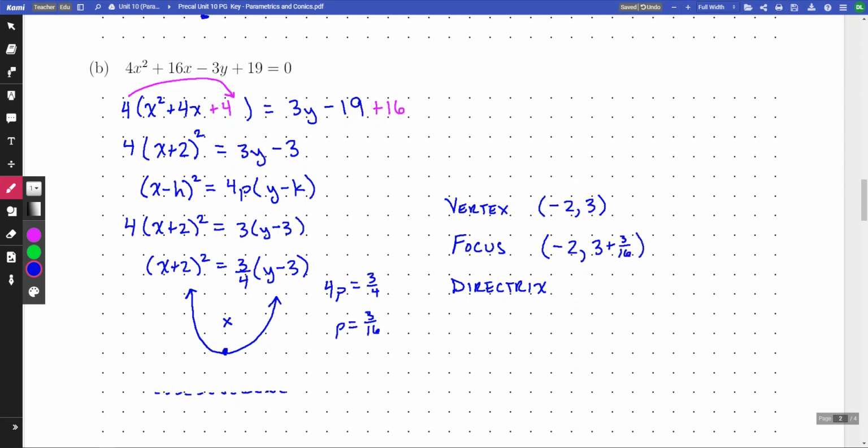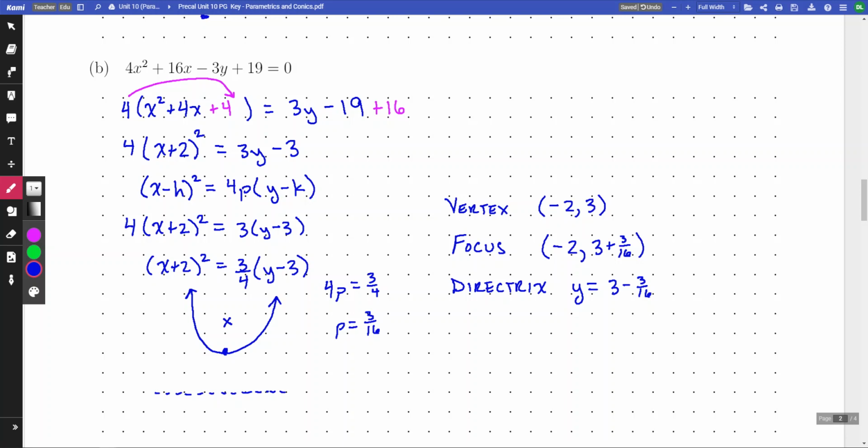And my directrix is going to be y equals, because it's a horizontal line, 3/16 below my vertex. So that's going to be 3 minus 3/16. And if I wanted to simplify that, I know that 16 times 3 is equal to 48.